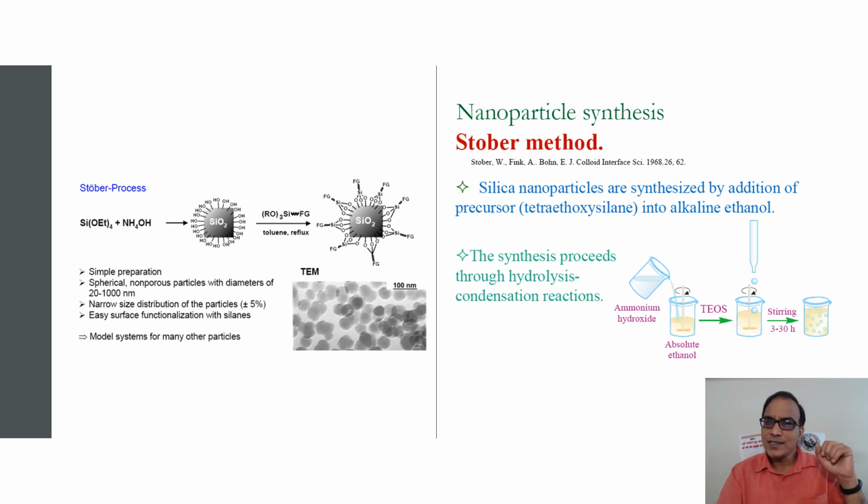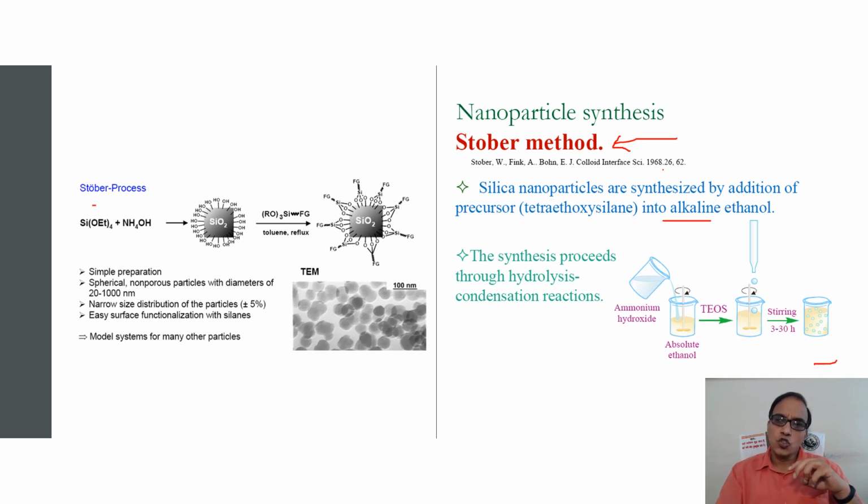Now moving to nanoparticle synthesis. The very pioneer study was in 1968 by Stober, in which silicon nanoparticles were synthesized by the addition of the precursor tetrahydroxysilane into alkaline ethanol. The synthesis proceeds through hydrolysis condensation reactions. Ammonium hydroxide is added to the absolute ethanol, and with stirring for 3 to 30 hours, the nanoparticles are achieved.